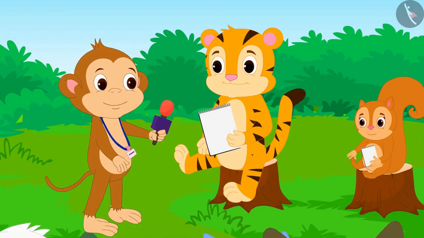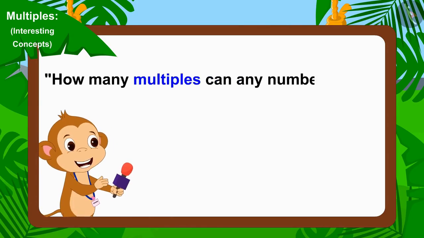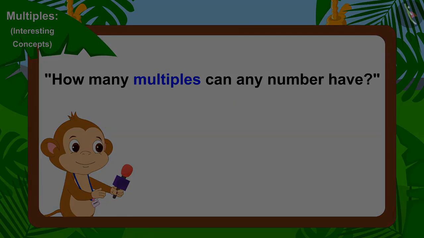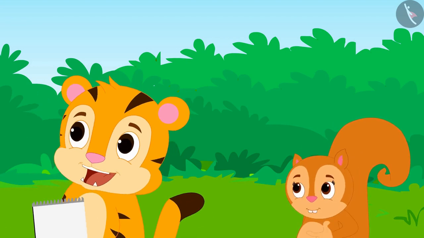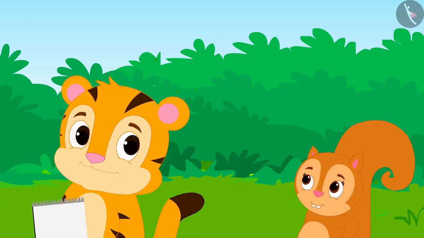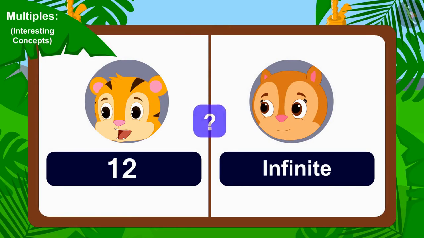Babban asked the next question of the competition. How many multiples can any number have? Sher Khan immediately replied 12 and Chanda answered infinite. Children, can you tell whose answer is correct?